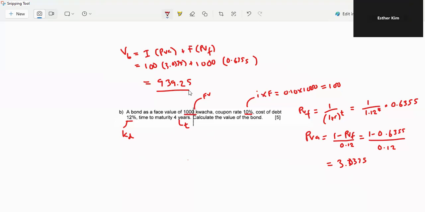It's a discount bond. Discount bond, correct. So what's the formula for the current yield?